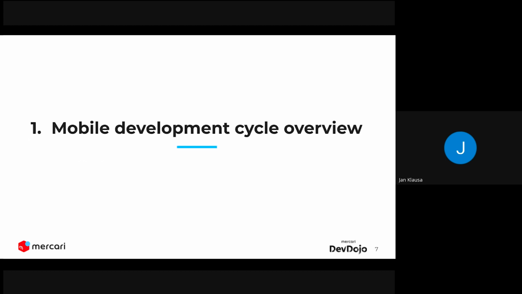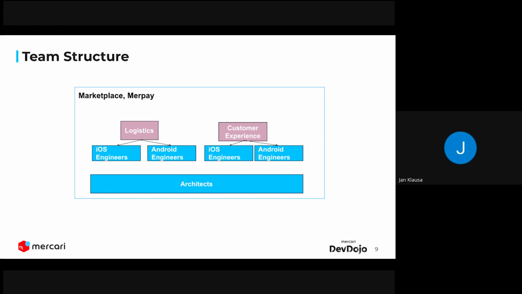Okay, so let's move on to the first topic, mobile development cycle overview. We have this team structure in marketplace in Mercari. Let's say logistics or customer experience are examples of divisions, and each division has some functional teams.